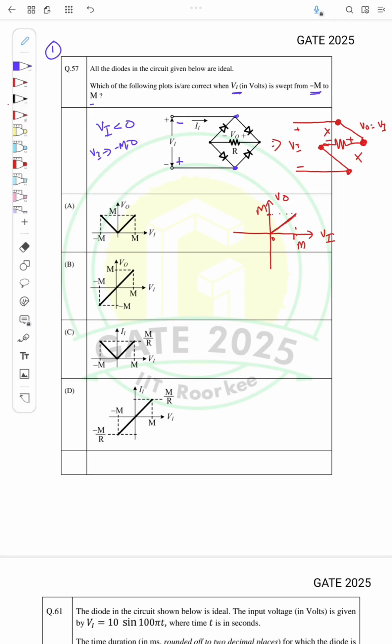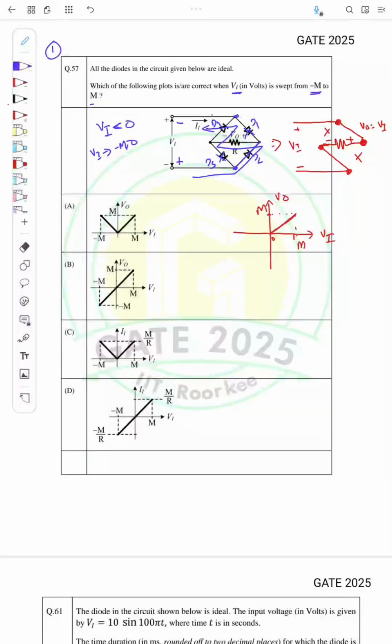Say this is D1, D2, D3, D4. D1 and D3 will be off, and D2 and D4 will be on. So there will be flow of current like this.